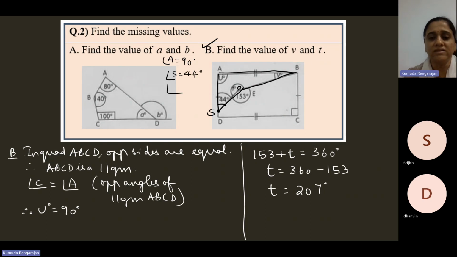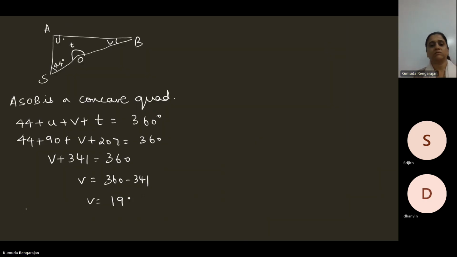And angle O is 207 degrees. And angle B is this one, V. Angle A is 90, angle S is 44, angle O is 207, and we have to find the measure of angle B, which is V. The sum of the four angles is equal to 360.